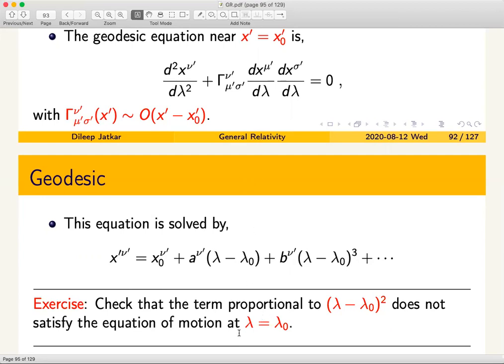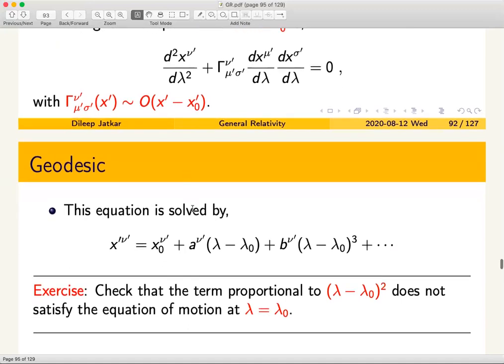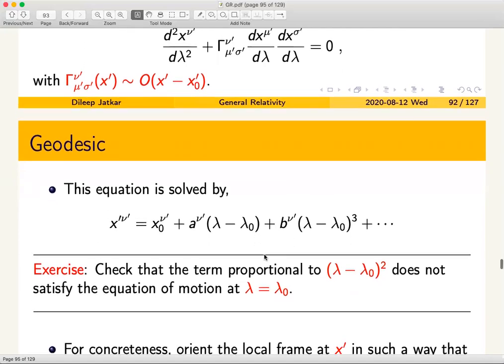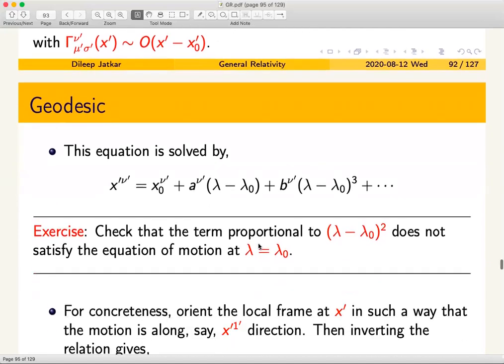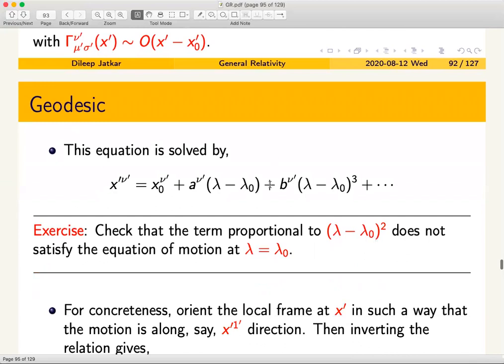Okay, so when I say equation of motion at lambda equals lambda 0, I mean this equation of motion, because the differential equation will take you infinitesimally away from lambda 0. Okay, so you can check that the quadratic piece is not a solution. That is the reason why that piece is missing out here. Fine. It's a straightforward exercise, but it's quite instructive to do.